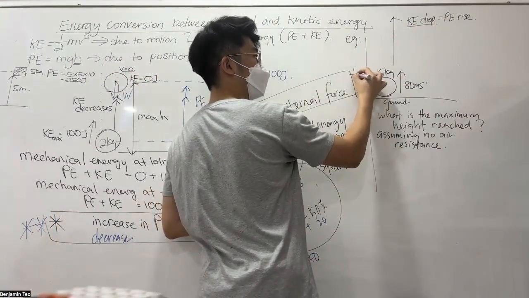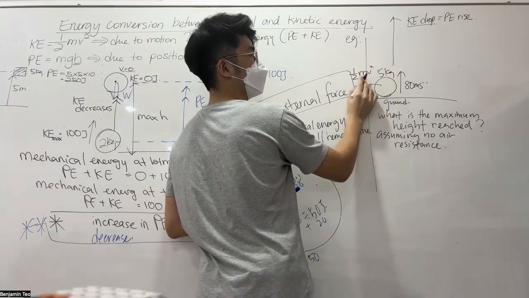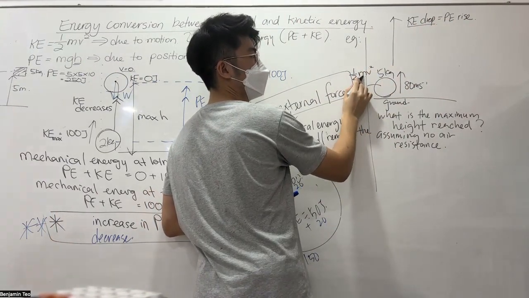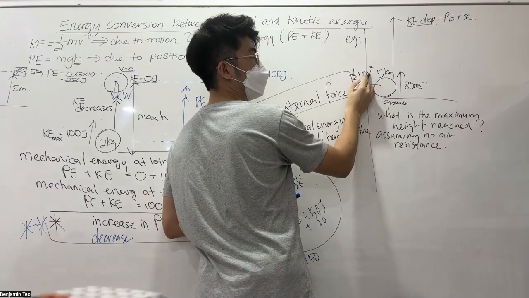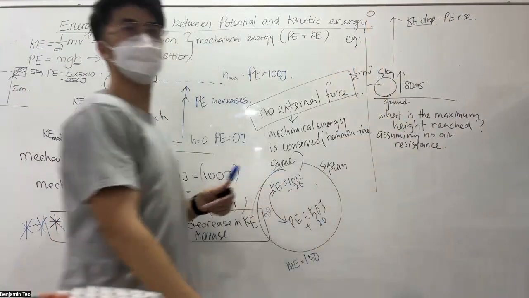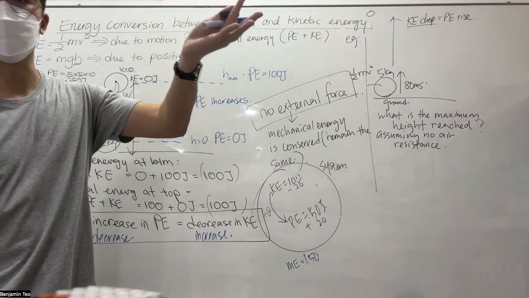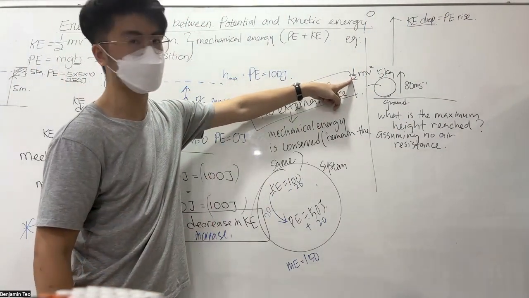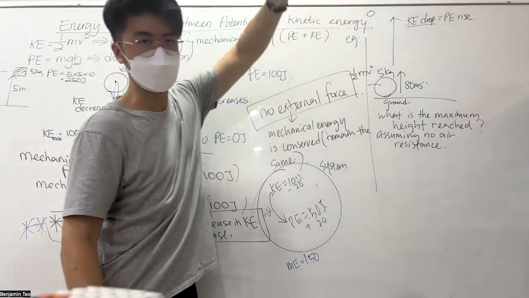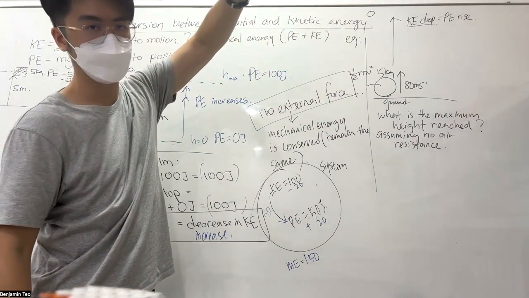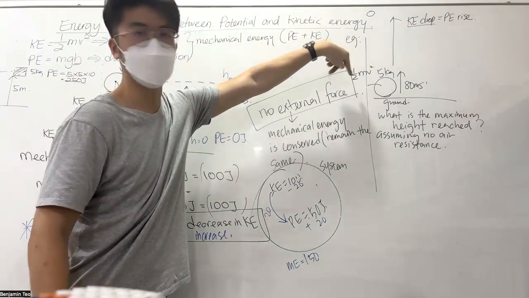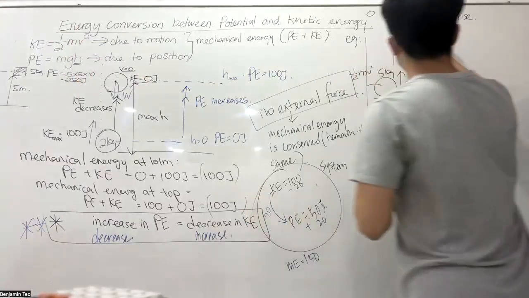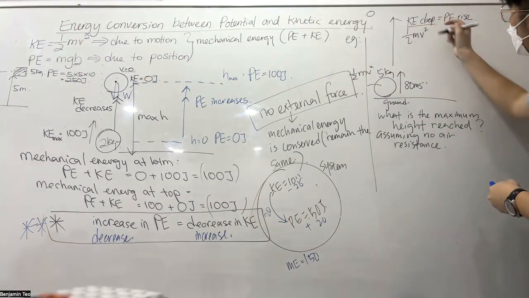At the start your KE is half mv squared, half times 5 times 80 squared. At the top your KE is 0, maximum height. So half mv squared is the drop.